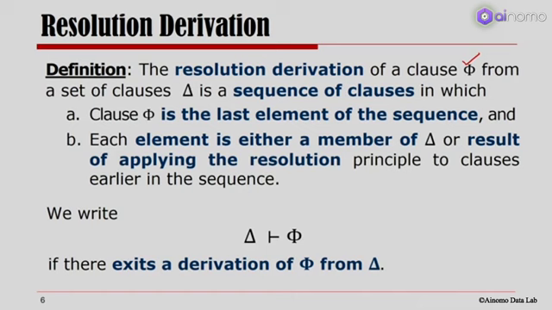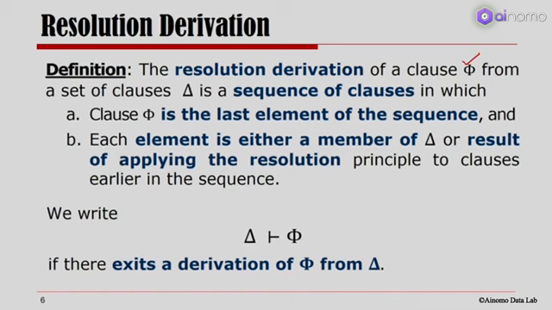In clausal form, a contradiction takes the form of an empty clause, which is actually a disjunction of no literals. So whenever we arrive at an empty clause in resolution, we arrive at a contradiction.